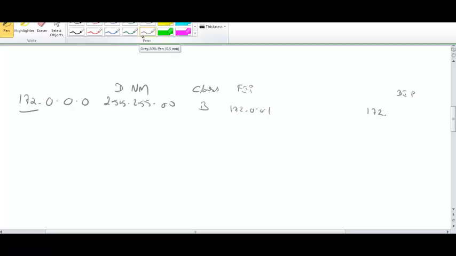Okay. I will write down yours. What you said is this is also network. This is also network. So only 16 bits for host. I agree. And if all the host bits are 1, you get 255.255.